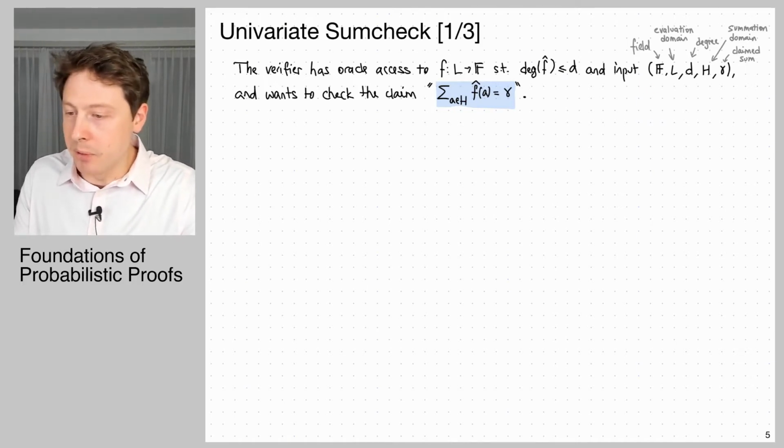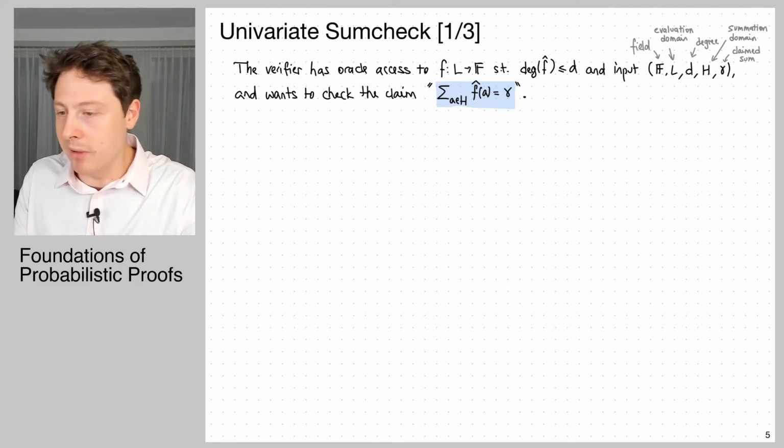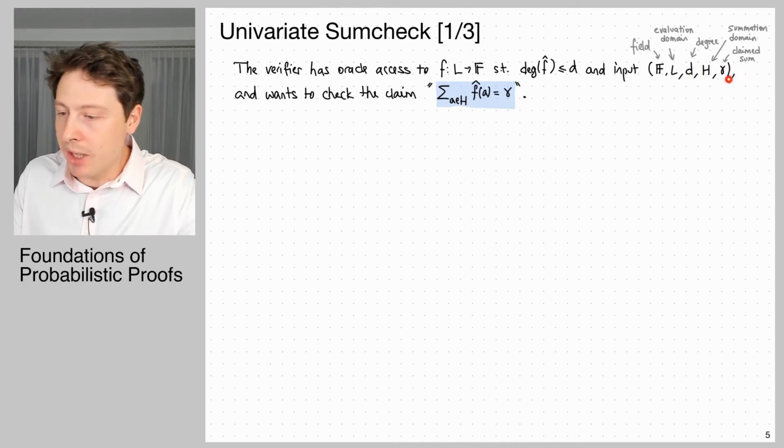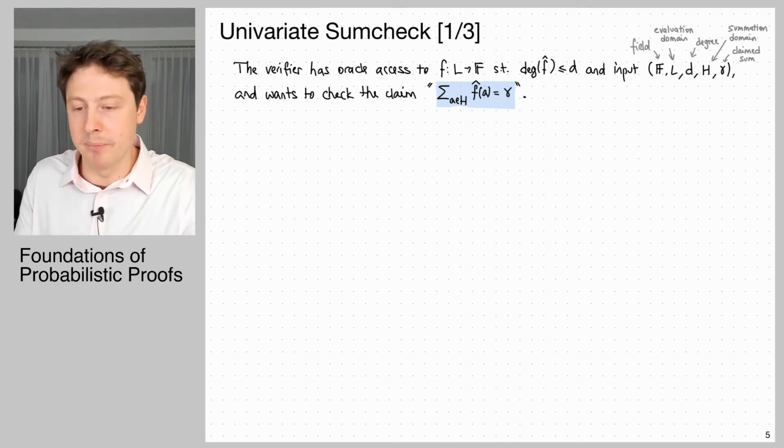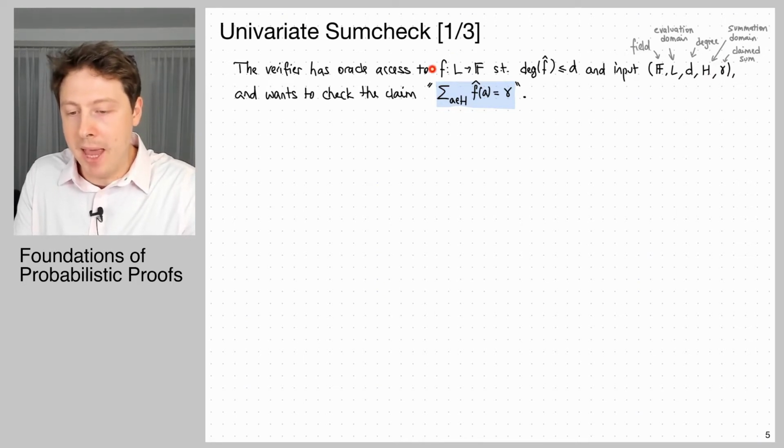It has explicit input F, L, d, H, gamma. What is this? Well, F is the field we're working over, L is the evaluation domain, d is the degree. And then H and gamma define a summation problem, a claim that the verifier needs to check, which is: is it indeed the case that f-hat, when you sum it over H, you get gamma?